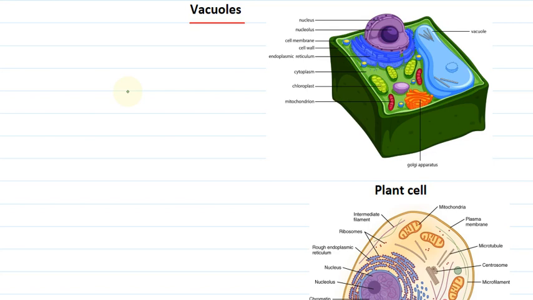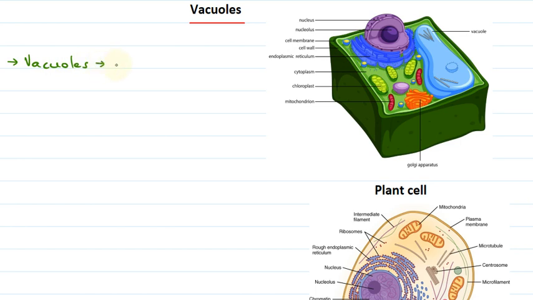The topic for today's video is vacuoles. As we were discussing various cell organelles, today in continuation we will be discussing vacuoles in detail. So what are vacuoles? They mainly help in storage.